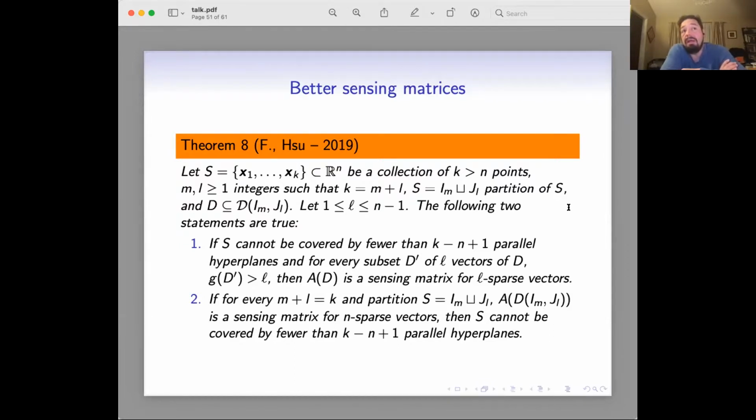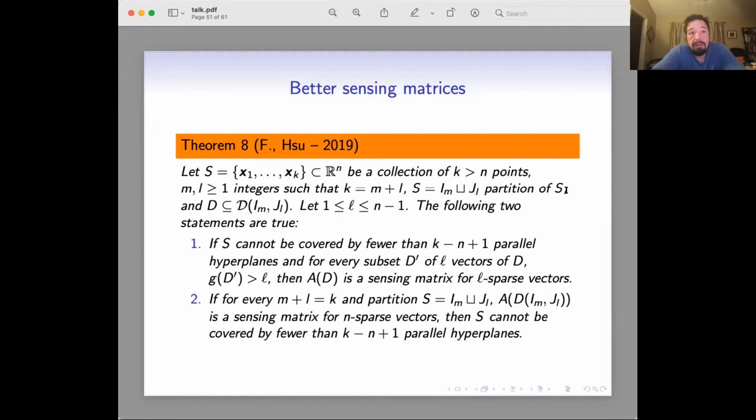Now let me pick M and L to be integers, each greater or equal to 1, so that they add up to k, and I partition S into two disjoint sets, M vectors and L vectors, and then let D be some subset of the set of all differences between I sub M and J sub L. Now let script L be my sparsity level. So let this be between 1 and n minus 1. Then the following two statements hold.